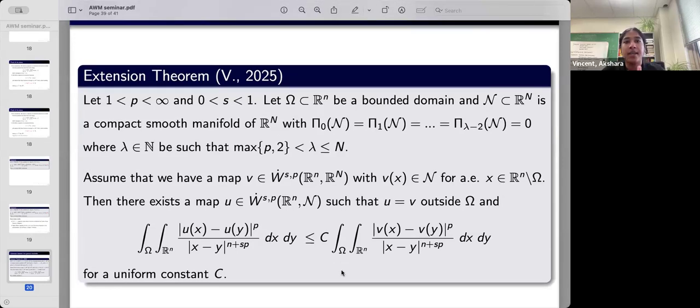So in the local case, extension theorems have been known, and here we note that we have certain topological assumptions on the manifold, and this condition p strictly less than lambda less than or equal to n. This is the same condition as we have in the local case. So one thing that we were thinking about is that this might not be an optimal condition. We would like to get an optimal condition where this extension theorem would work.